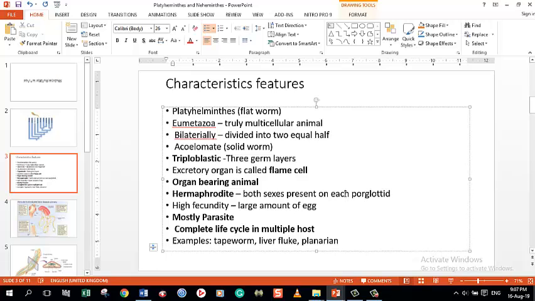If the sexes are far apart or in different organisms, then it is quite difficult for these animals to meet each other for further reproduction, or for intercourse. That's why these animals are hermaphrodites, because both sexes are present on the same proglottid.